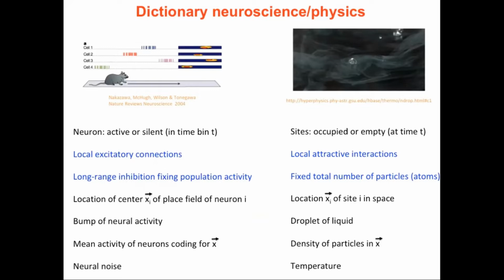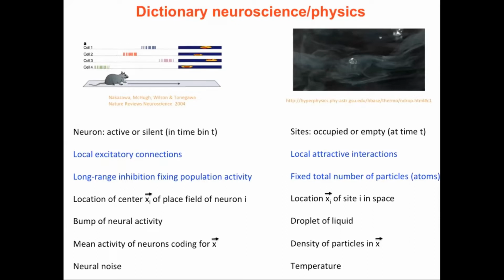The local excitatory connection corresponds to local attractive interaction between two particles which are close to each other in space. And the long-range inhibition, which fixes the population activity, corresponds to having a fixed total number of particles, which can be the atoms or the molecules in my system. The location of the center xi of the place field of neuron i is actually the location xi of site i in space.